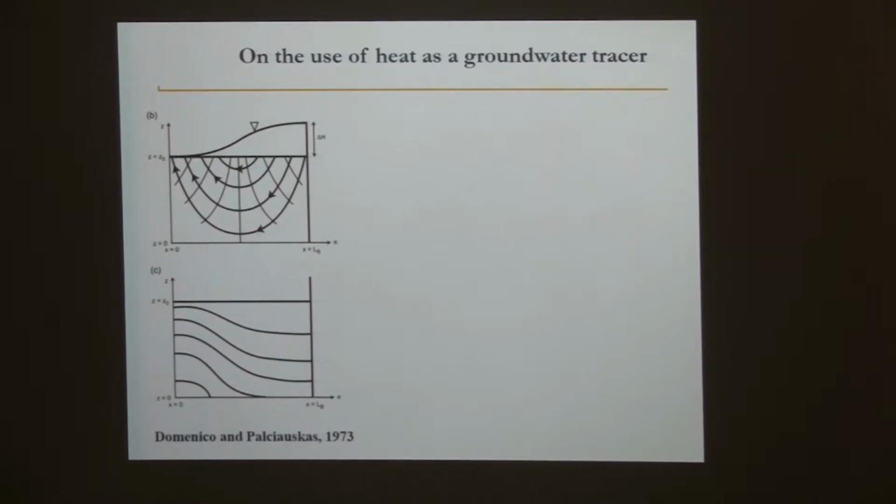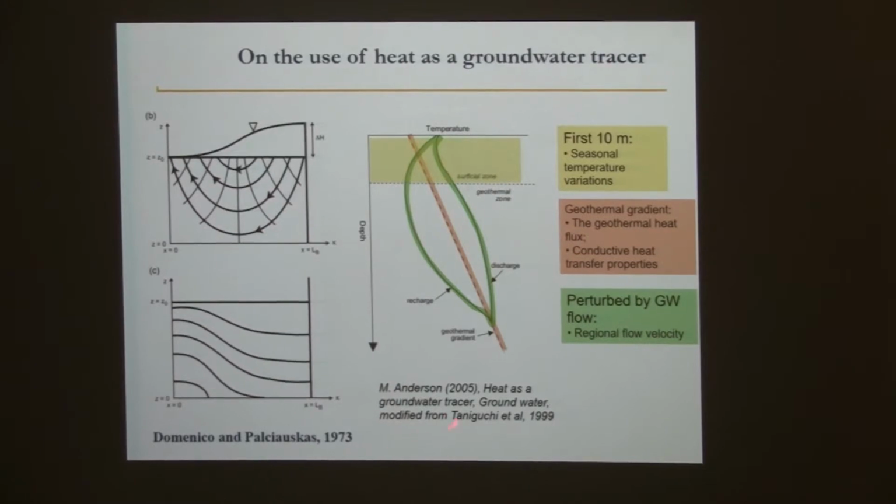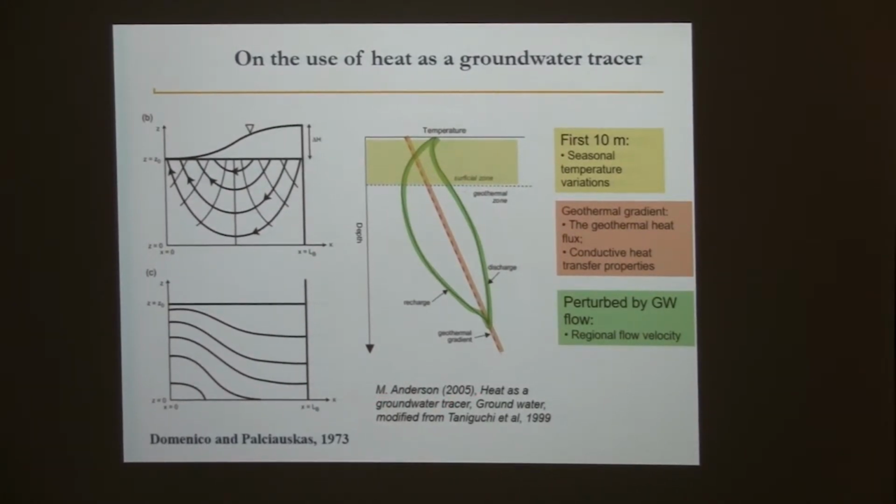So this has allowed using heat as a groundwater tracer in many applications. I will just show a few examples. This was some simulation done in the 70s. You can also refer, for instance, to the review from Mary Anderson about heat as a groundwater tracer.